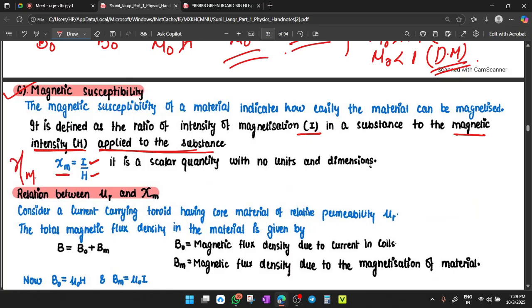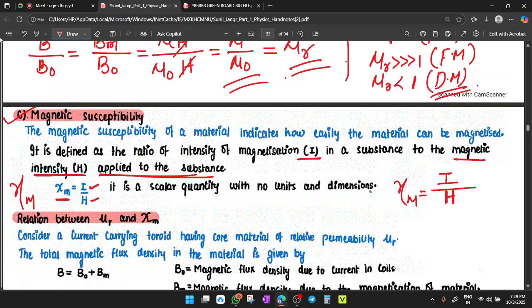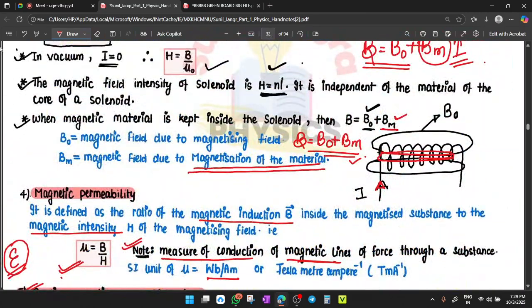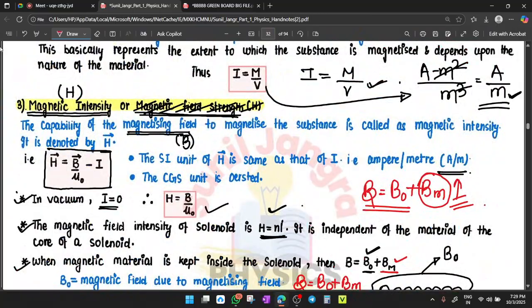So chi m is equal to intensity of magnetization per unit magnetic intensity.